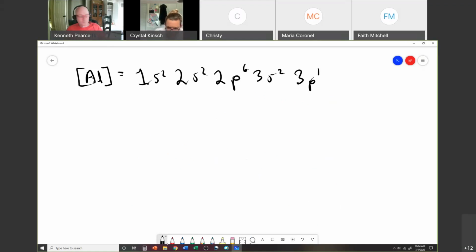There's aluminum. So aluminum is 3p1. Okay? What does aluminum become when it becomes an ion? Well, aluminum becomes aluminum 3+.